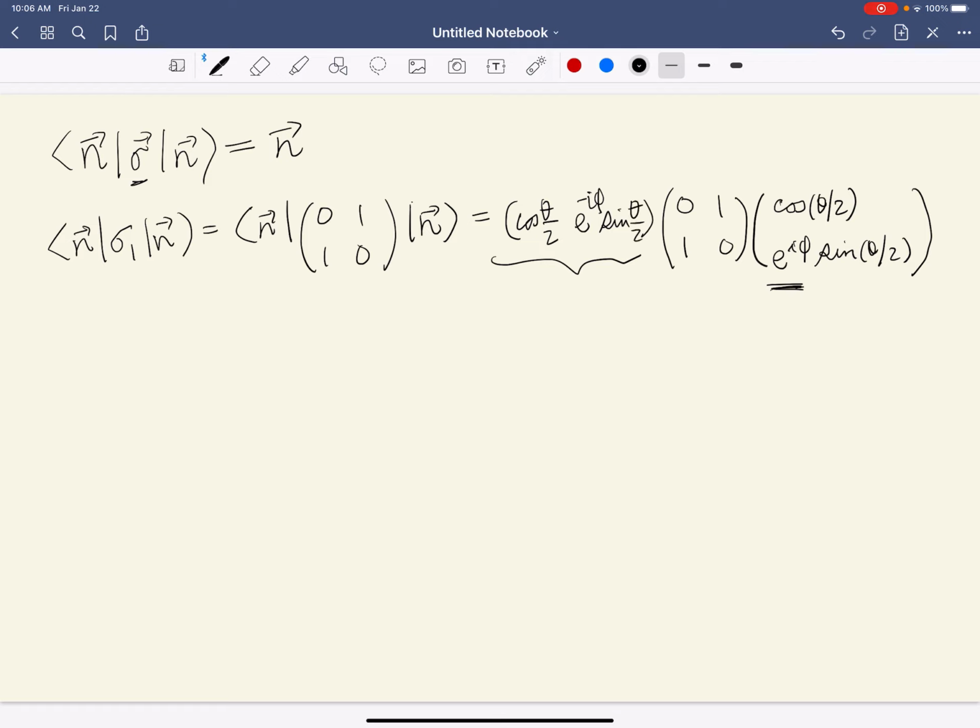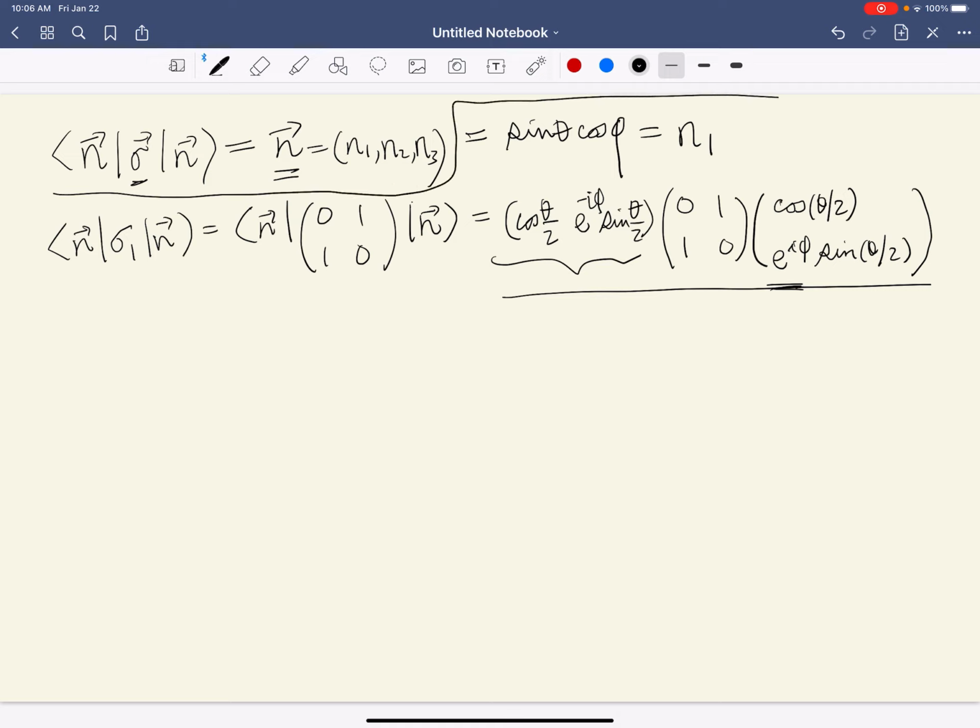Then it's a simple matter of following through with the matrix multiplication to find that this answer is sine theta cosine phi, which is nothing but the first component of this unit vector. So this will be n1. All right, so you can make a similar calculation for sigma 2 and then sigma 3 and just recover all these other components.